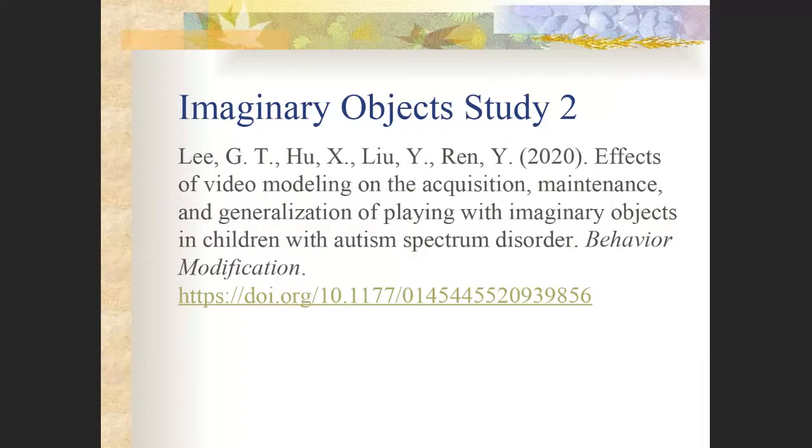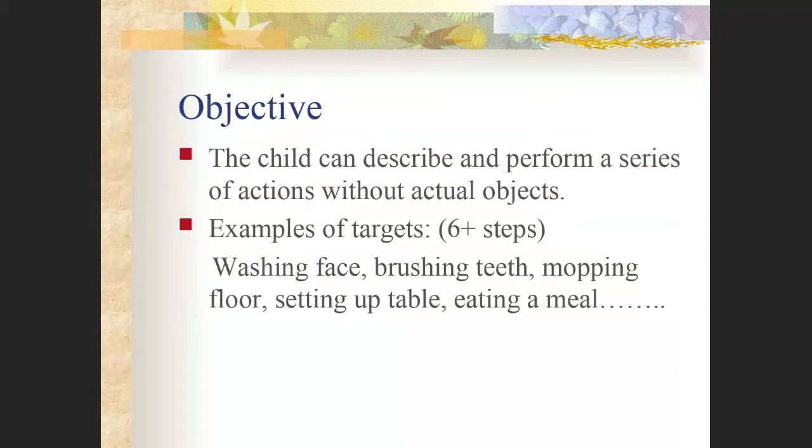And then our next study, it's more complicated. This one also involved imaginary objects, but the children have more advanced verbal behavior, so they could say more basically. And then we taught them to perform a series of actions.